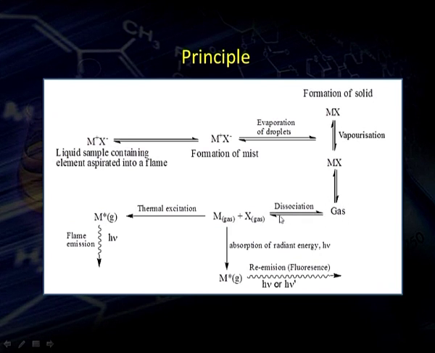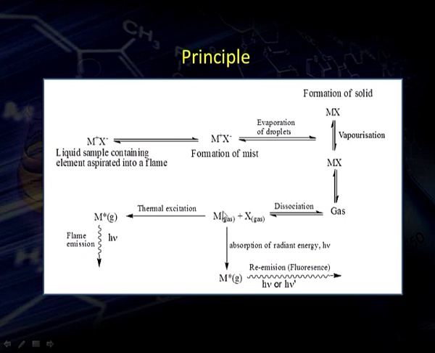This gas undergoes dissociation and the molecule gets dissociated into the various components, like we have M plus X. Now, this M, the metal part, on thermal excitation gets converted into M star, which emits the amount of energy h nu. This is detected by the flame emission. So, we can detect it by the flame photometry.